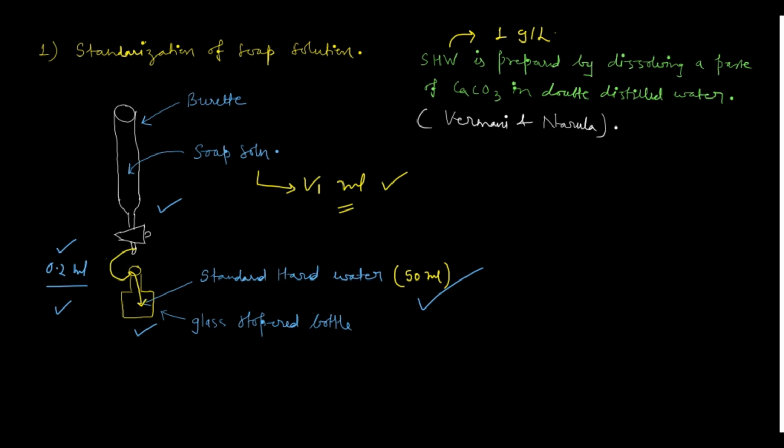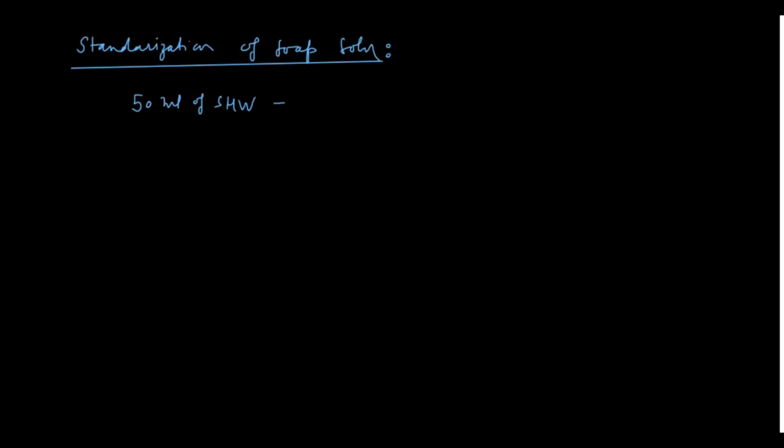So in the next slide I can write: 50 ml of standard hard water is actually equivalent to V1 minus V4 ml of the soap solution. This V1 is the soap solution consumed by the standard hard water, and this V4 is the lather factor.